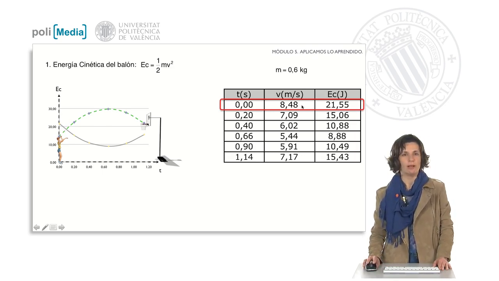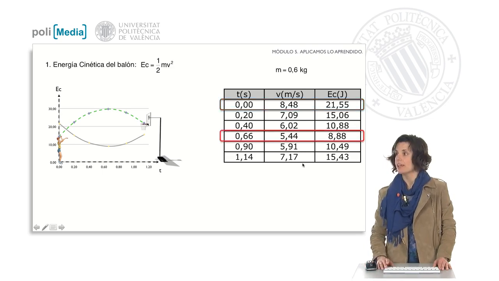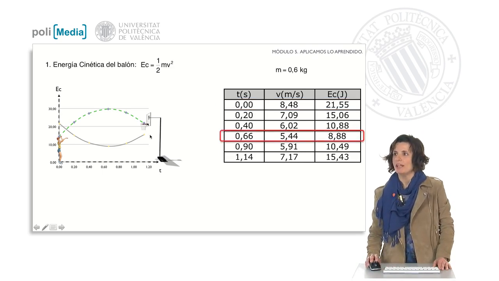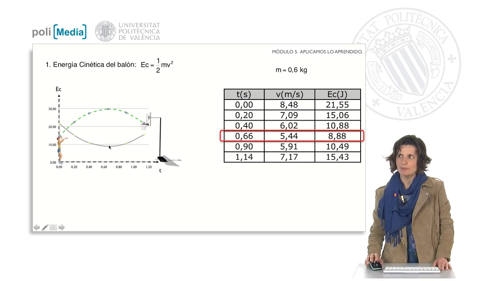Jota threw the ball at 8.48 meters per second, and this speed is the maximum speed that the ball reaches along the trajectory. The minimum value of the kinetic energy is given at the instant of time when the ball reaches its maximum height, since at that moment the ball is going the slowest, at 5.44 meters per second.